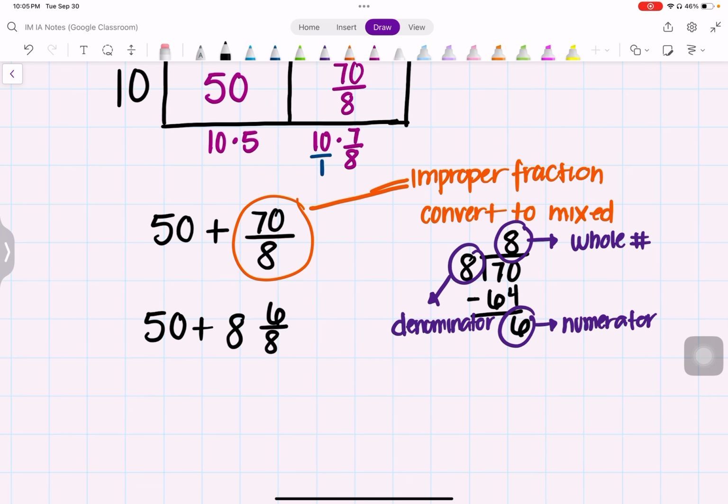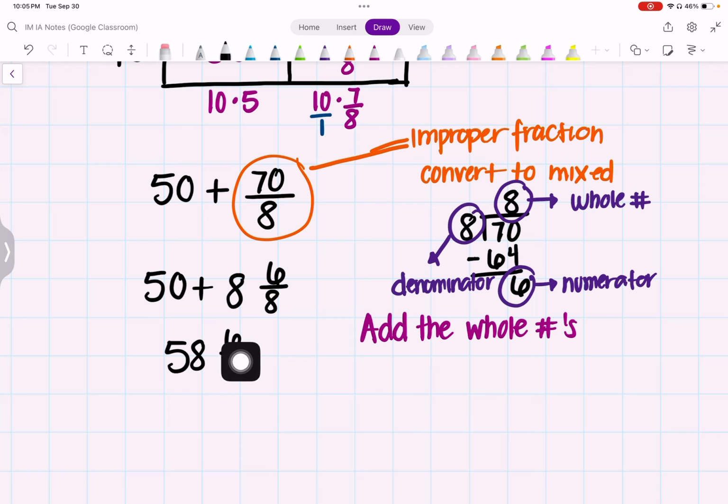And I'm going to go ahead and add the whole numbers. If I add the whole numbers, that would actually give me 58 and 6 over 8. And in this case, guys, we do have to simplify this out.